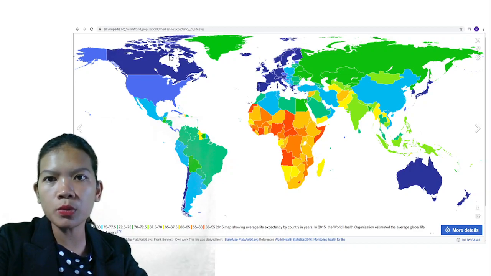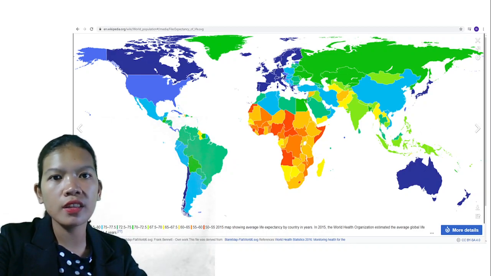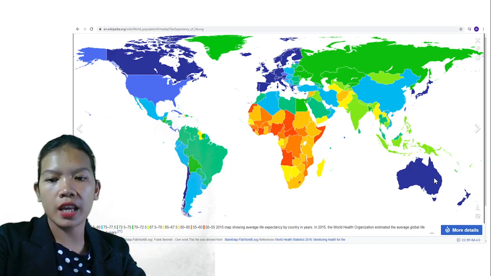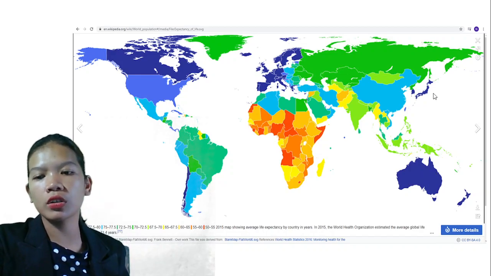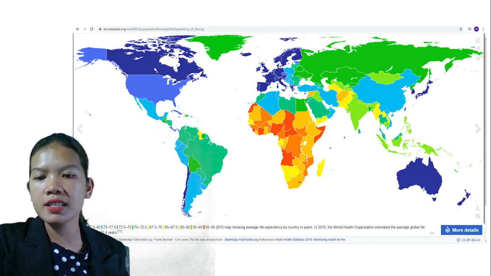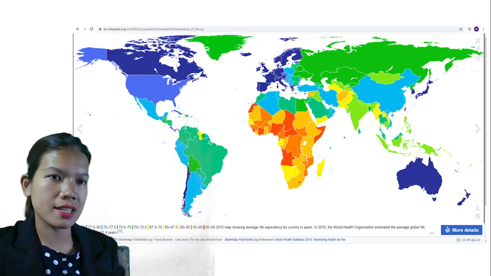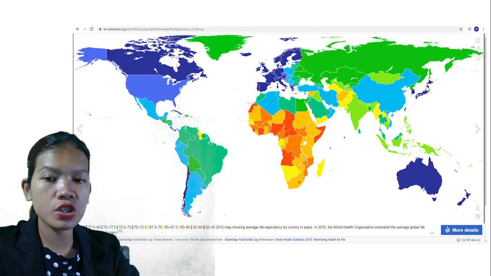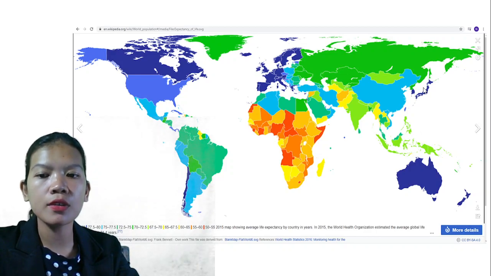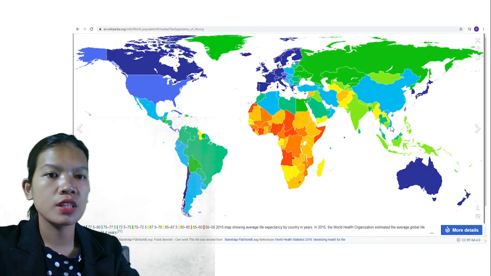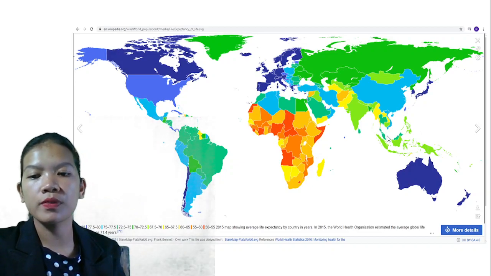The blue, darker countries were said to be the countries with high life expectancy. It was said that Hong Kong has the highest life expectancy for both sexes, followed by Japan, and then Macau, Switzerland, and also Singapore.